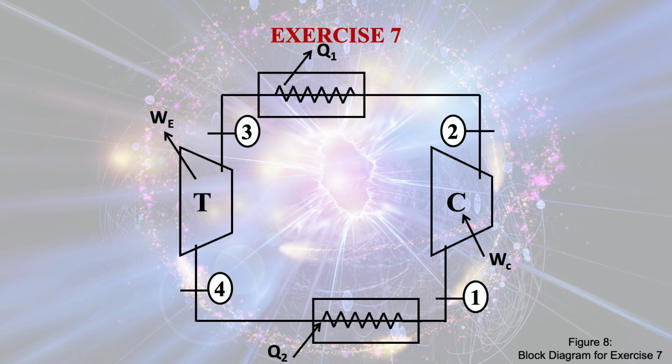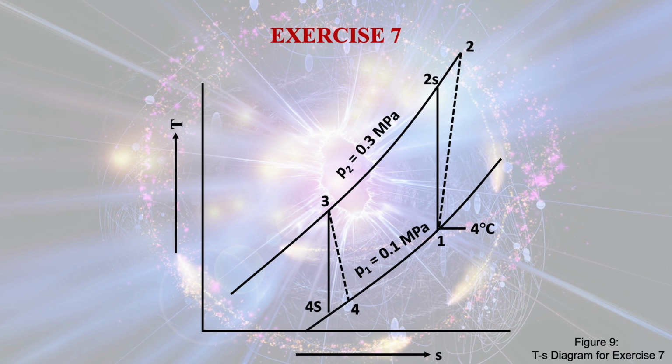Here there is a compressor, there is a turbine, and there is a place where the refrigerated space is. The cold air extracts heat from the refrigerated space to keep that space at a lower temperature. So this is the T-s diagram for exercise 7.